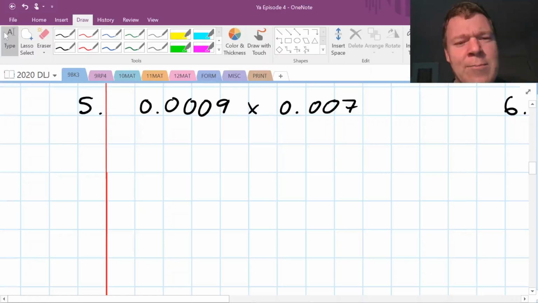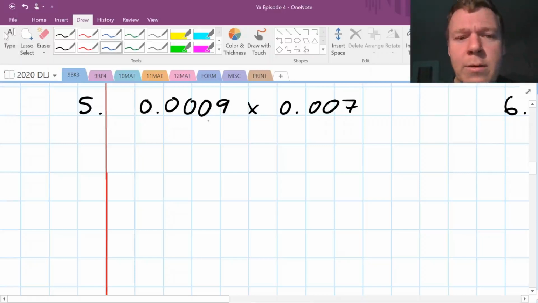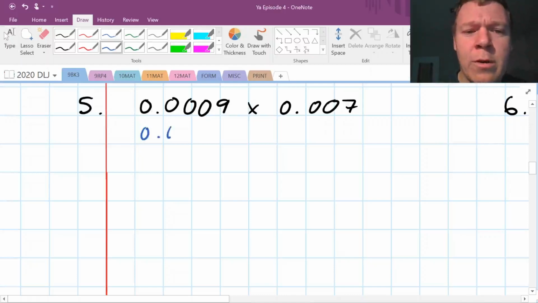All right, I'm going to show you an alternative way to lay this out, but it's basically the same idea as what I've shown you in previous lessons. So we can break up a 0.0009 into a 0.0001 times 9.